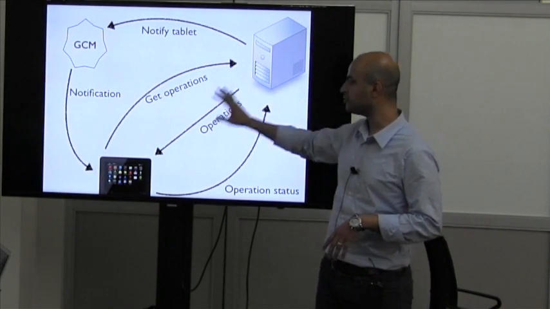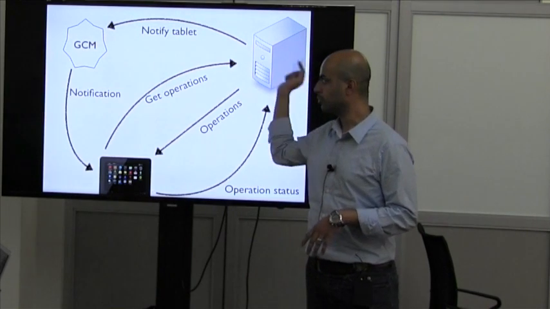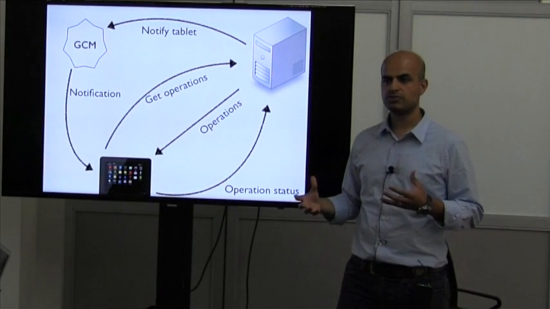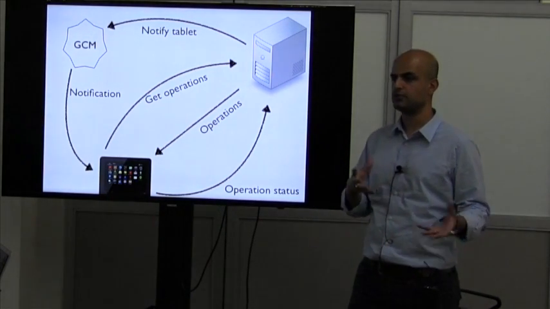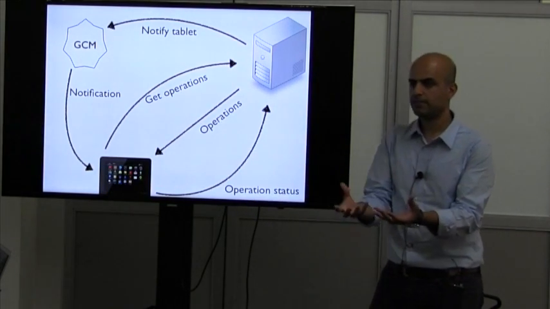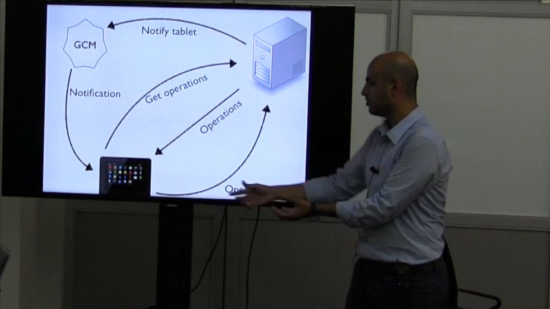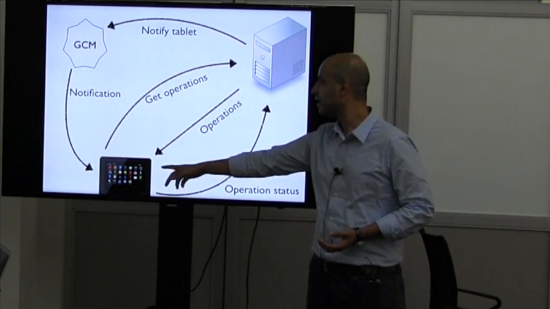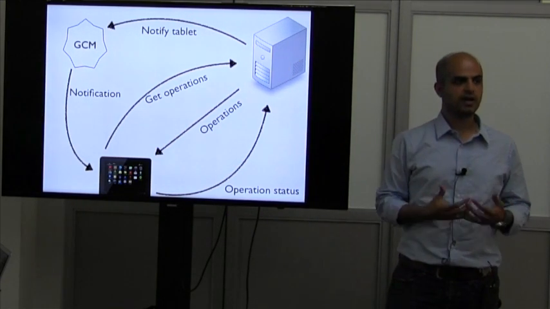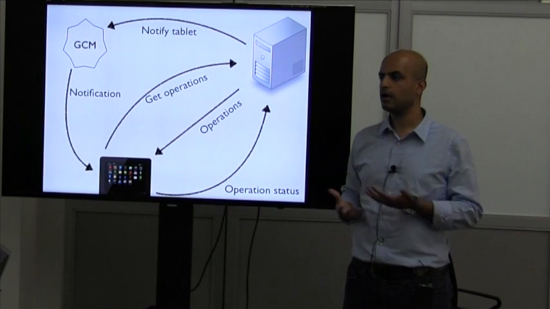So when we need to notify a tablet, we would message GCM and say, hey, can you tell this tablet that I want it to do something? Then GCM sends that notification. It wakes up, informs our agent that is running on the tablet, and then it comes to get its operations. It says, hey, server, looks like you have something new for me. What do you have?